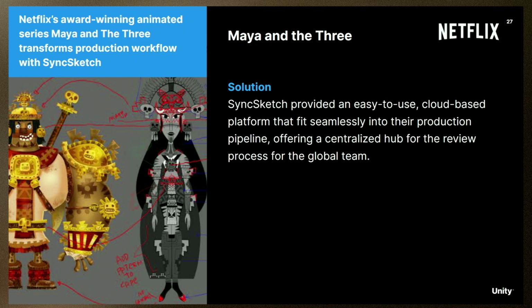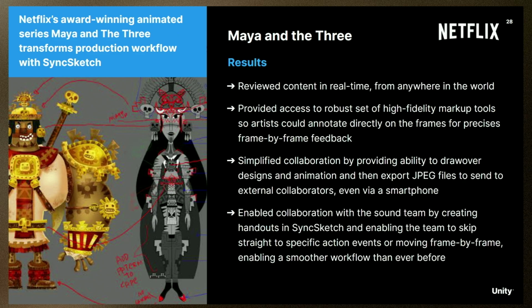And for them, also SIGGRAPH provided that easy-to-use cloud platform, offering a centralized hub. So all their creators were on there to communicate, and they could review content in real time from anywhere. And they would basically use those really high-fidelity markup tools and be able to export. They'll use the export tools quite a bit to export to different departments, to communicate different things, to download the annotations.